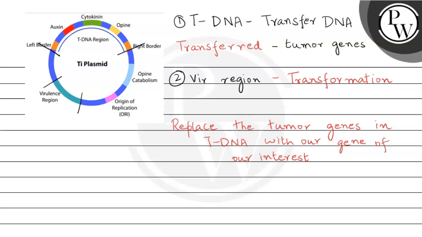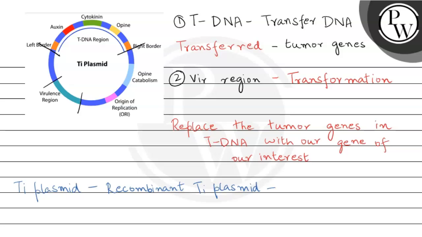So therefore, the Ti plasmid is like a cloning vector. So just by replacing the tumor genes in the transferred DNA region with the gene of our interest, we get a recombinant Ti plasmid, and this recombinant Ti plasmid is utilized in transferring the gene of our interest into the plant cells, and therefore it helps in genetic engineering or the recombinant DNA technology.